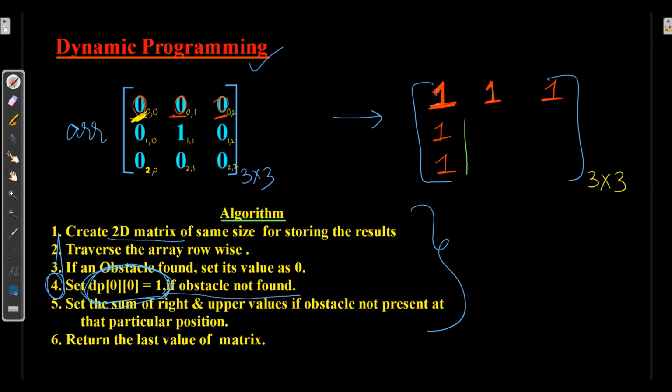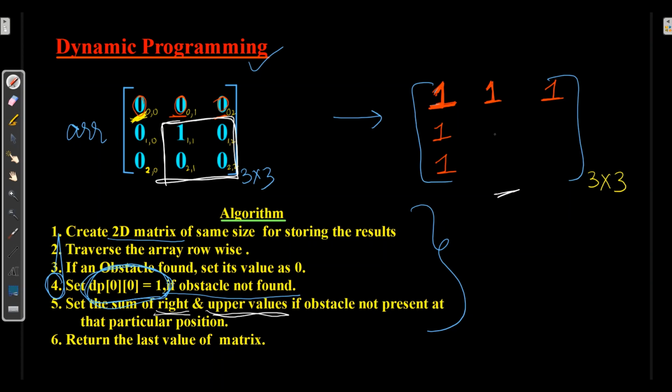Now for coming to the inner matrix, I need to calculate the right and upper values. Up till here I got the first row and the first column. Now we will look for these values. Based on these values, I have to set my resulting matrix.